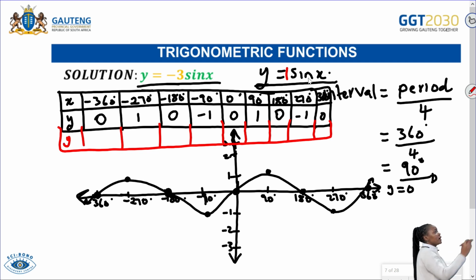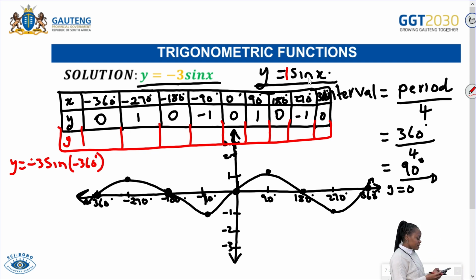So the values of y will be, if I've got negative 3, you say y is equal to negative 3 sine x. Where there is x, you substitute negative 360 degrees. You'll notice that the value of y will be 0.